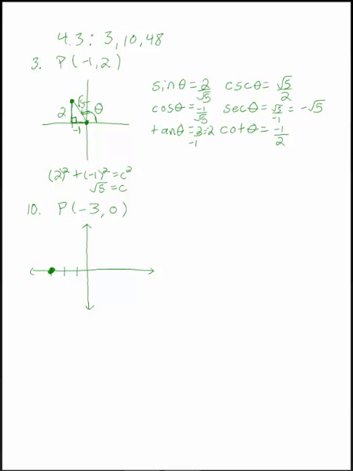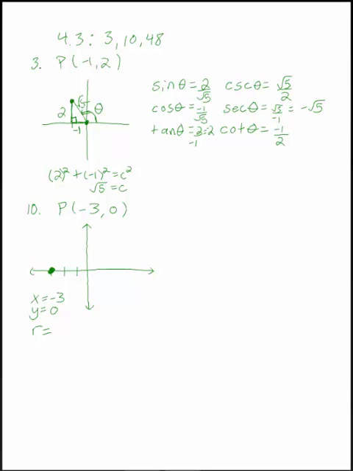So I think the key information here that I should write down is the x value of the point. Well, that's -3. The y value of my point is 0. I should also write down the r value. R is usually what I will call the hypotenuse, but I could also think of r not just as a hypotenuse, but as the distance from the point to the origin.